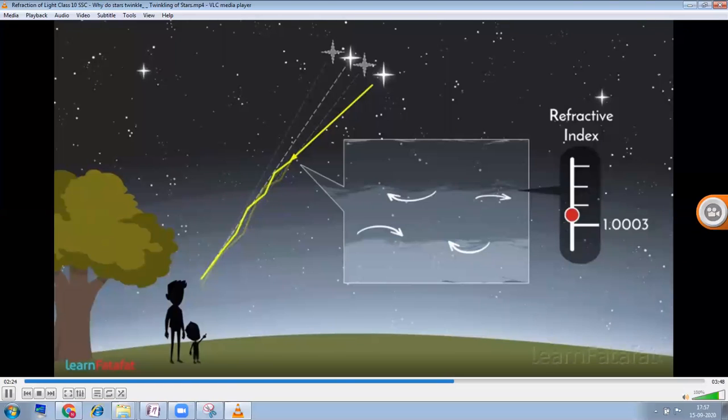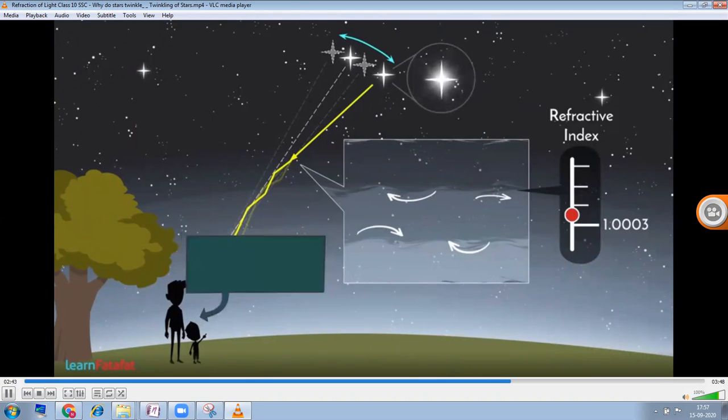The apparent position changes slightly but randomly. Similarly, because of random changes in refractive indices, the brightness of light coming from the star also appears to be changing. The resulting effect of changing apparent position and changing brightness causes the star to appear twinkling.